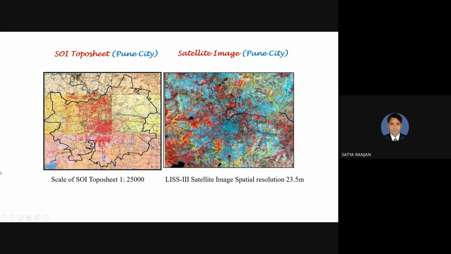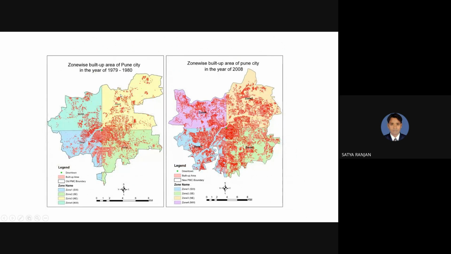There is Pune city, shown on the left side. There is the Survey of India topography at 1:25,000 scale, and the right side image is a satellite image, a LISS-3 satellite image, which has a spatial resolution of 23.5 meters.